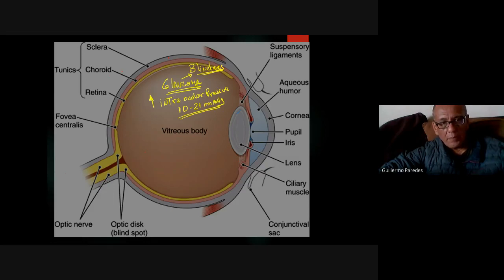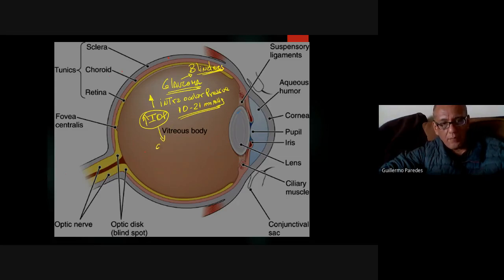What is the problem, and why can glaucoma produce blindness? Glaucoma has an increase of the intraocular pressure, IOP. And why is it increased?